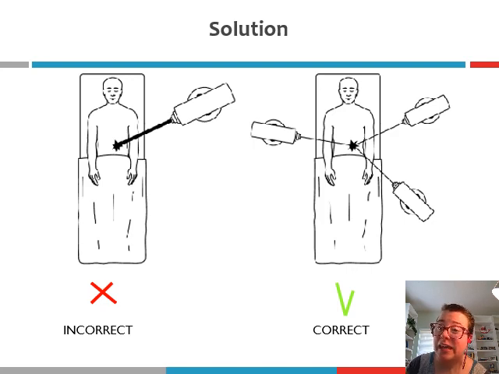So basically converge upon the tumor with a bunch of low intensity rays. And what that does is it destroys the tumor from the center outward. And because all of the rays are low intensity, you don't have the problem of damaging surrounding tissue.